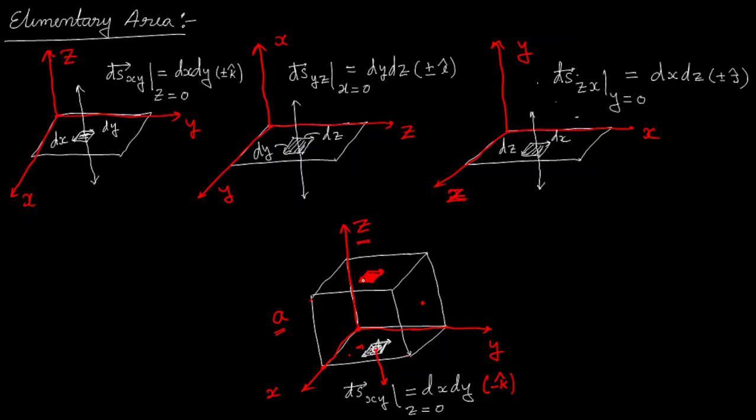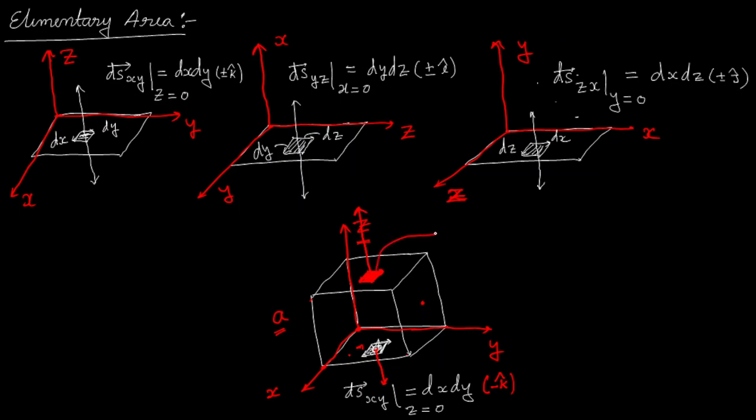So this will be the elementary area vector on the top surface. Again, to find the direction of this vector, we have to draw the outward normal. On the top surface, the outward normal will go in the upward direction like this.